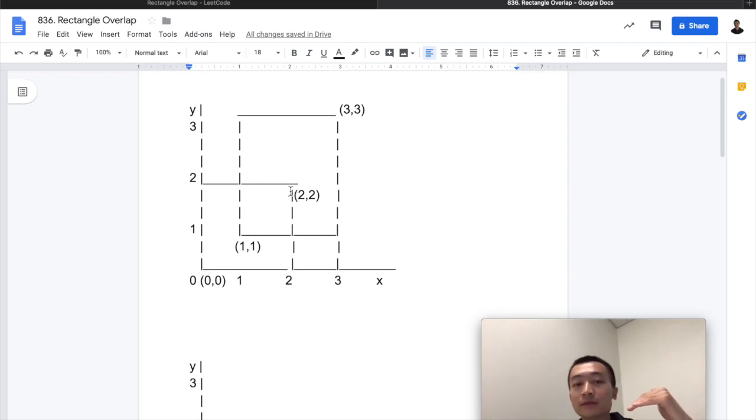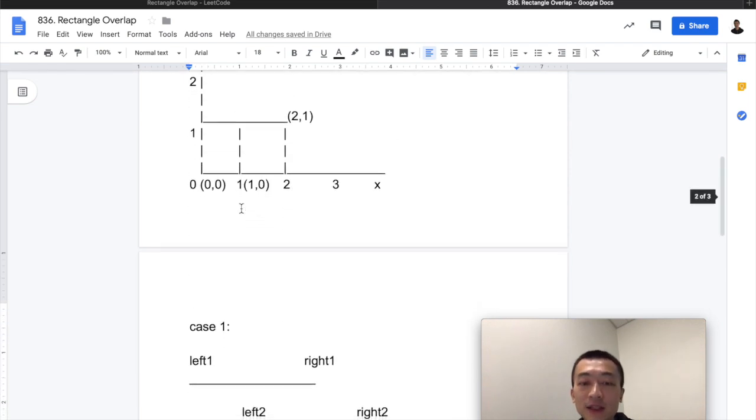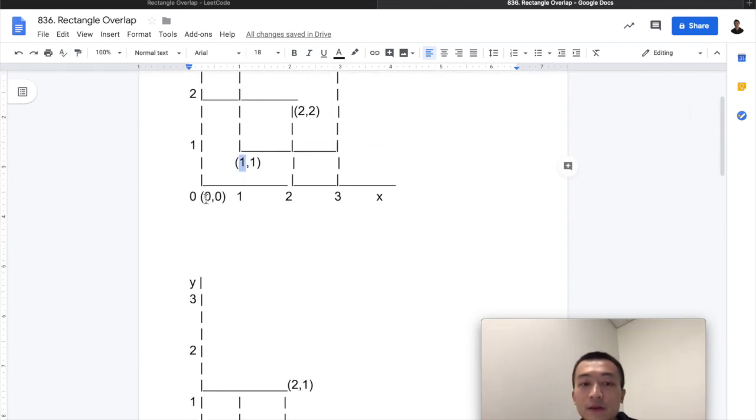See, here on the x-axis, for the first rectangle, it's 0, and another corner is 2. So we're putting this rectangle, 0, 0 and 2, 2, onto the x-axis, and then there's the y-axis. So basically that one becomes left and right. Left 1, right 1, left 2, right 2. So we compare both.